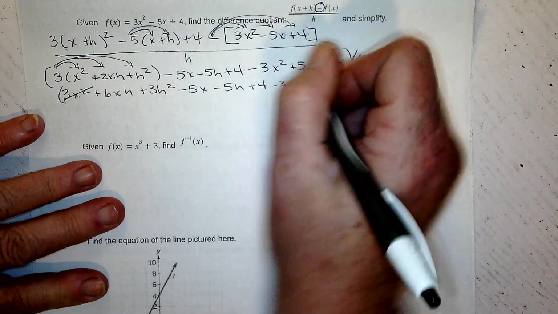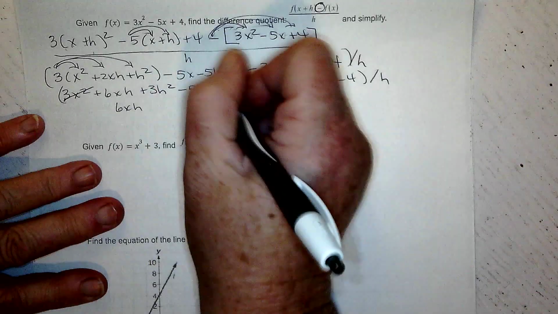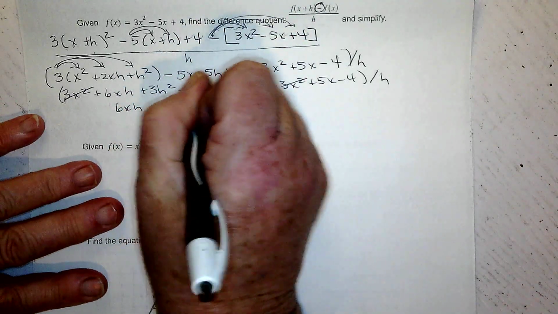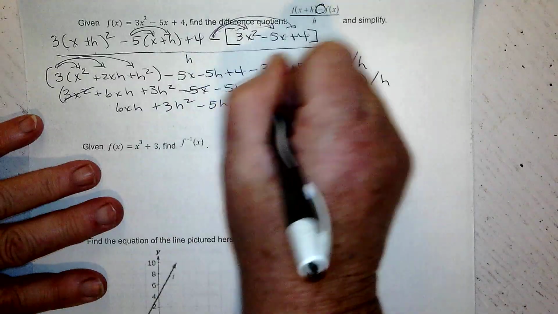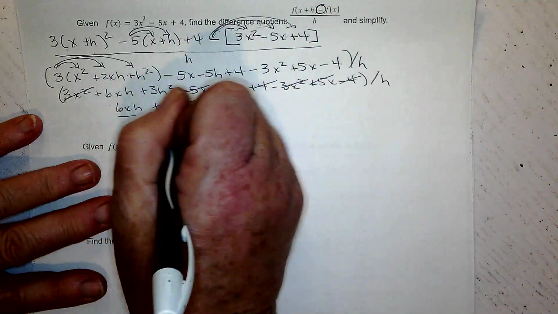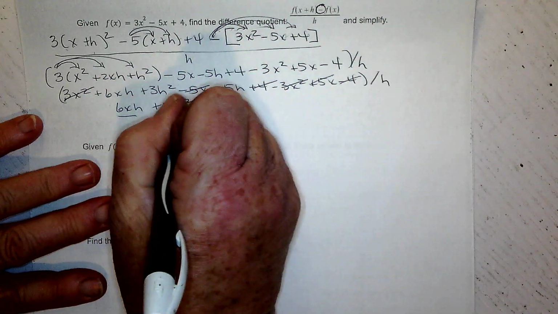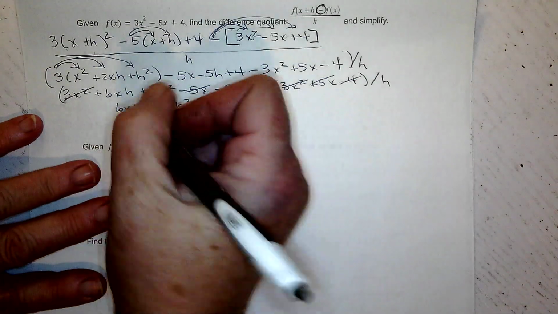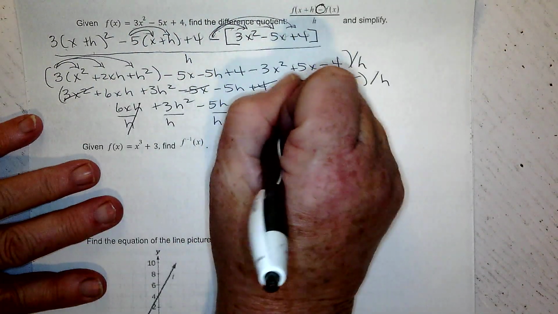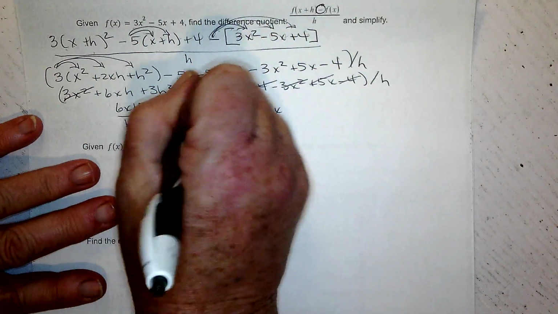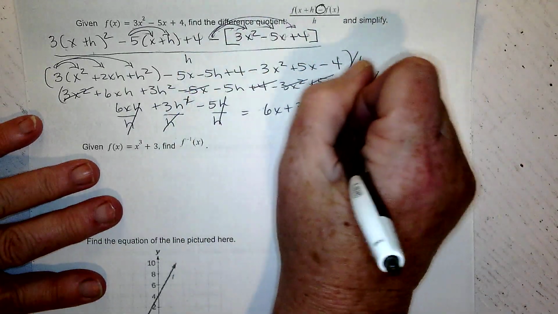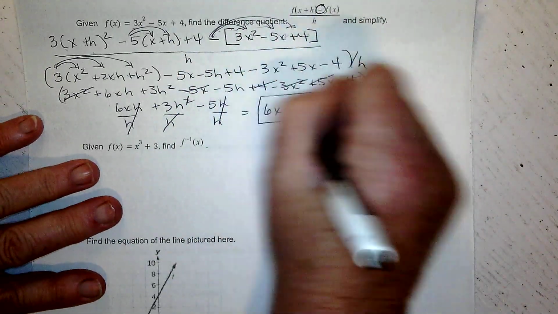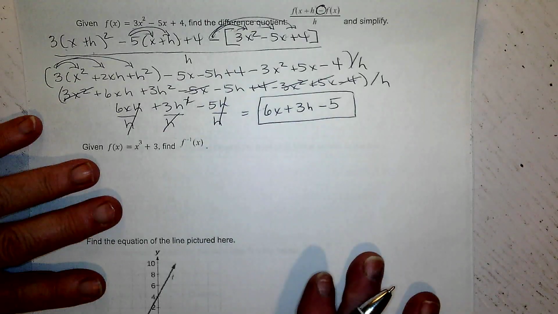Gone, gone. 6xh plus 3h squared, gone, gone, minus 5h, gone, gone. And each of these are over h. It's easiest if you do this. Reduce it, 6x. Reduce it, plus 3h. Reduce it, minus 5. There is my difference quotient.